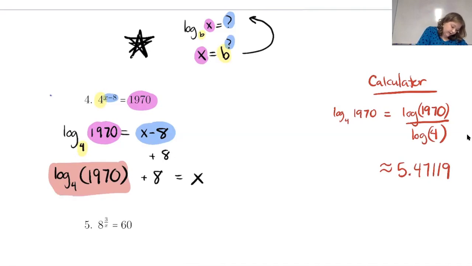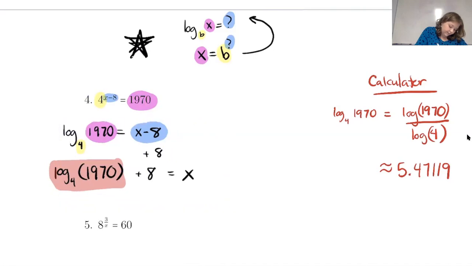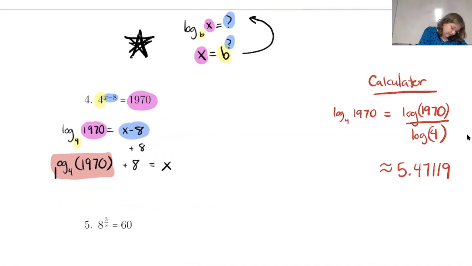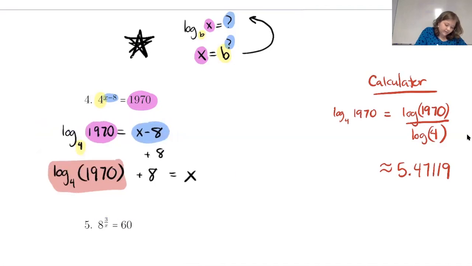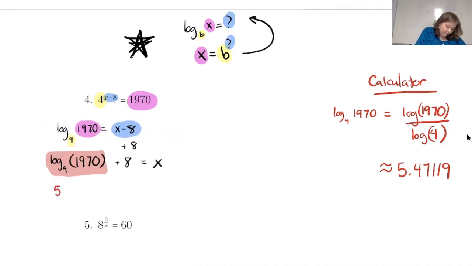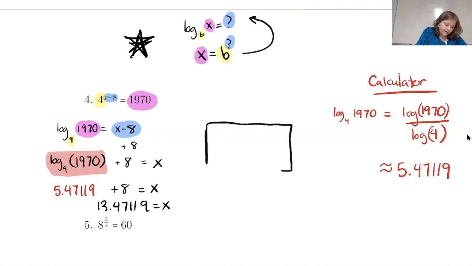It is 5.47119 plus 8 equals x, which becomes 13.47119 equals x. And then as the final answer, we want to round it to 2 decimal places. So x equals 13.47 as the final answer.